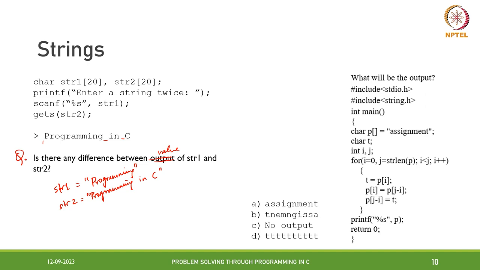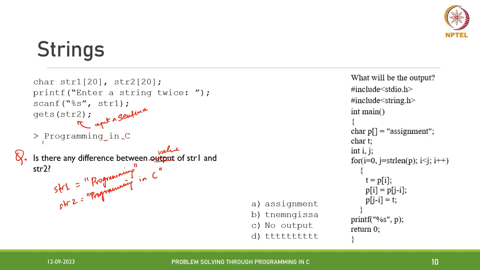But with gets, the space will also be considered, so the entire thing will be taken. If you want to input a sentence, you have to use gets, because it will have blank spaces in between.